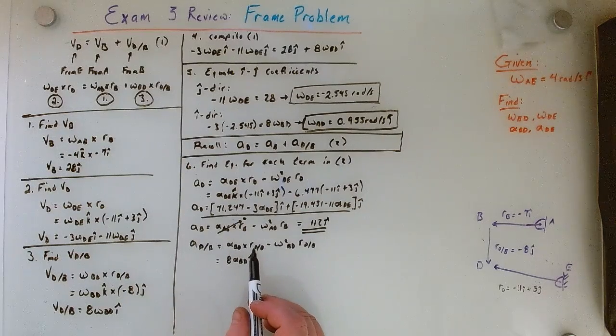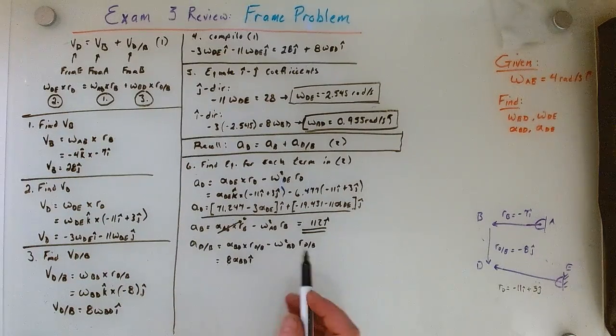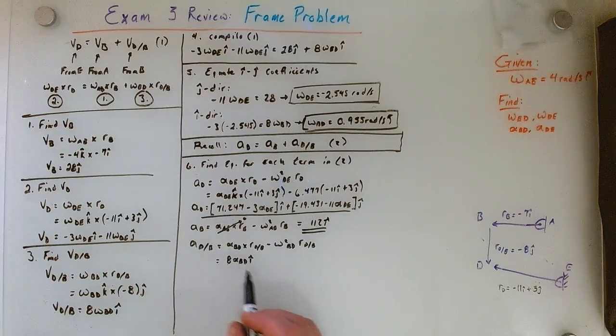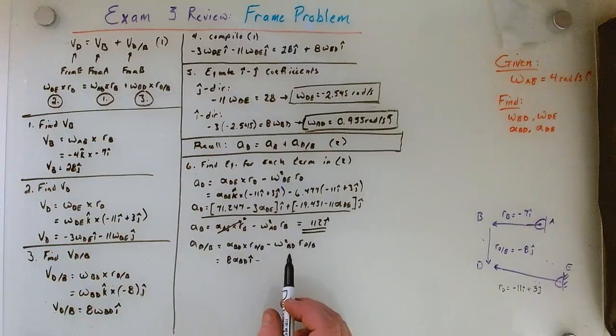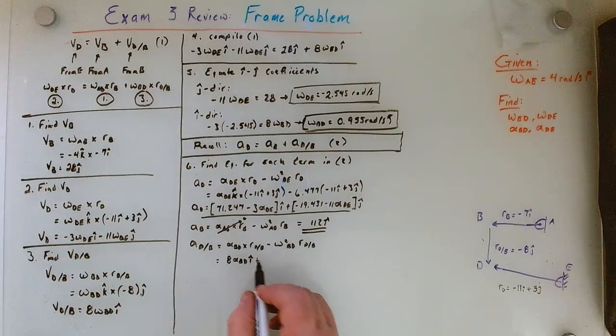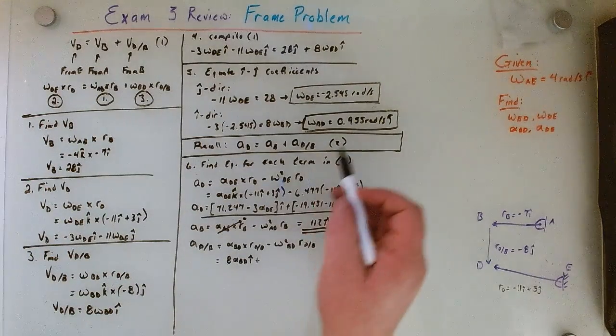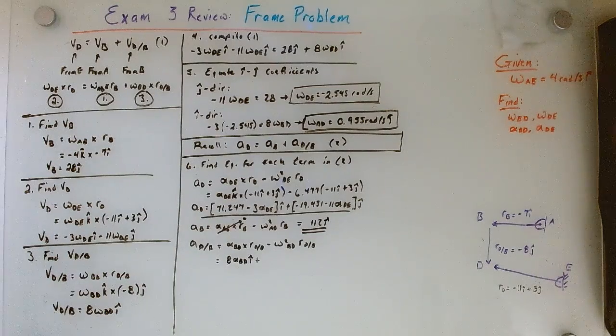So positive times a negative KJ gives us positive I. Then, it's minus, but this is going to end up being a plus, so omega BD squared is 0.955 squared times 8.